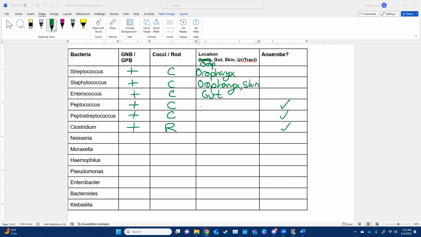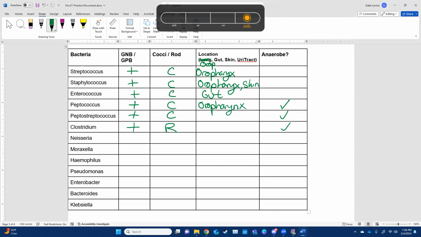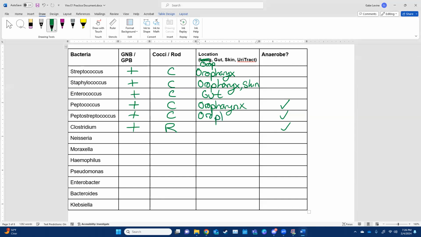These are going to be our above the diaphragm. So these are our mouth anaerobes. Oropharynx, which means that Clostridium is our below the gut anaerobe.